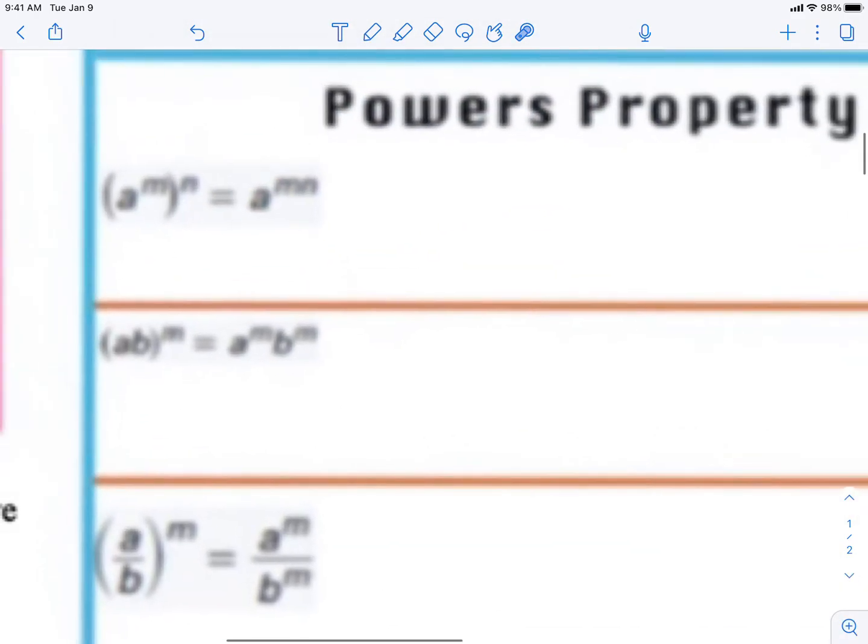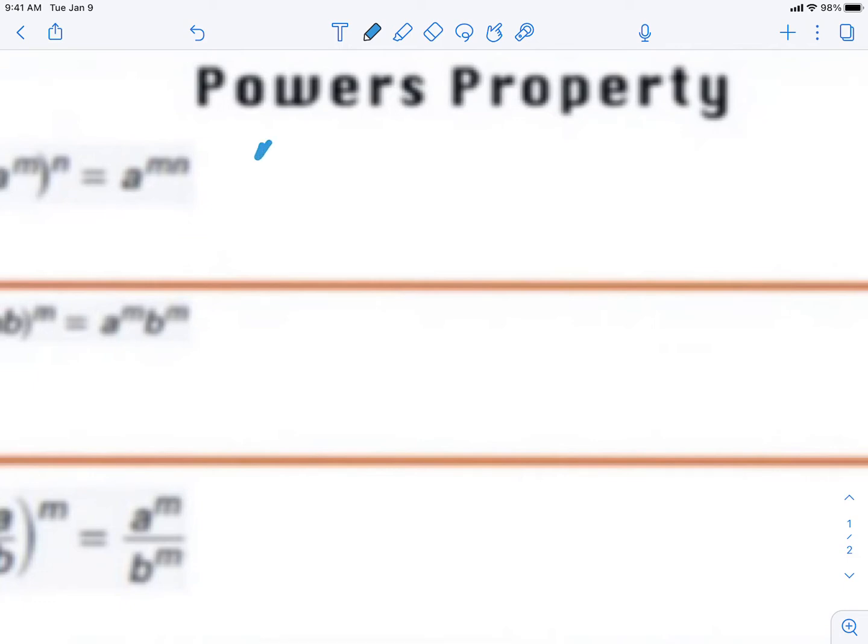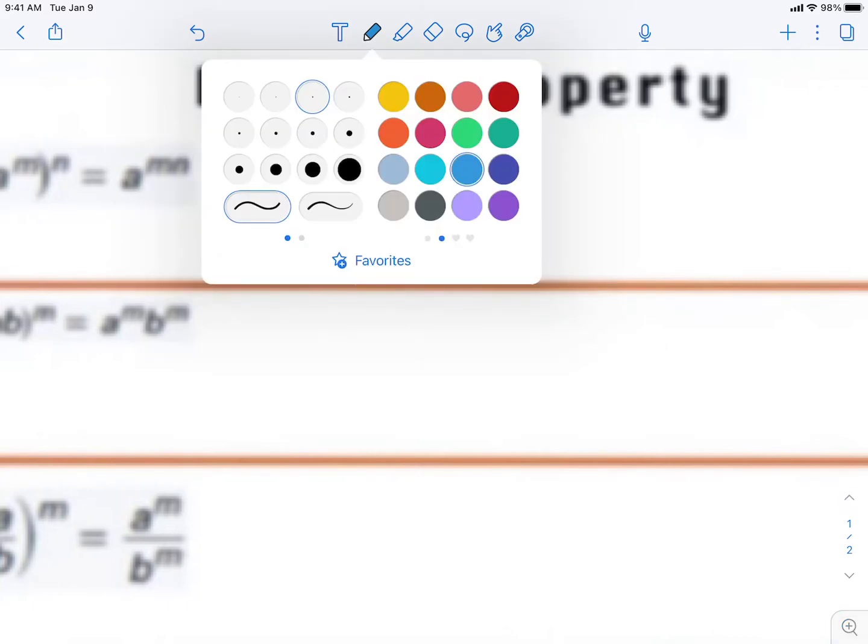When you have a to the power of m, in parentheses, to the power of n, you get a to the power of m times n. So you multiply the m with the n. For example, let's do a few examples here.